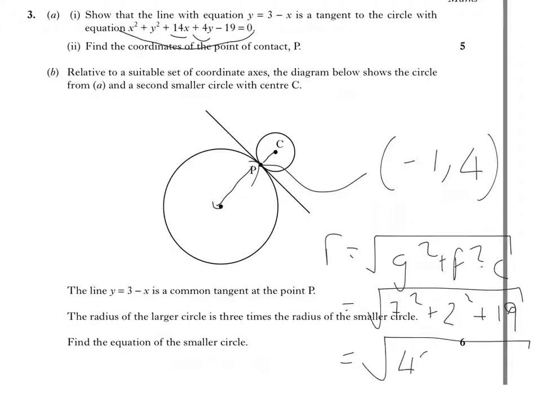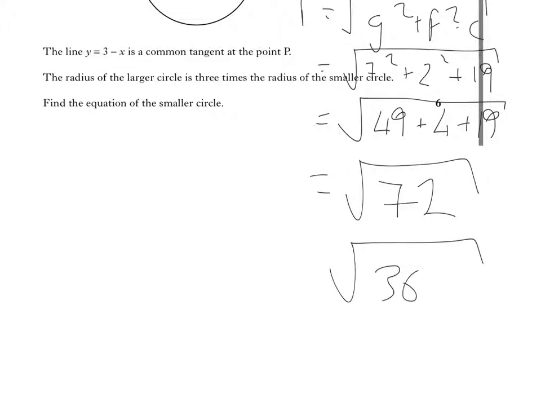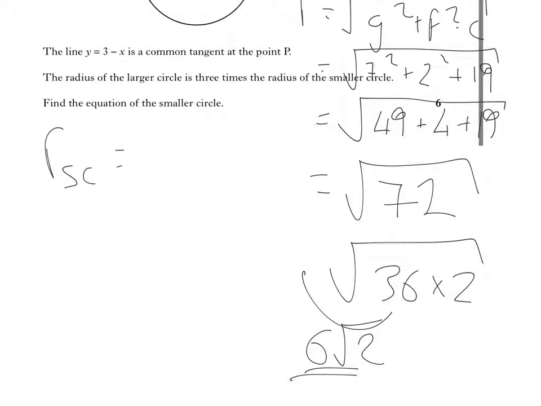That's square root of 49 plus 4 plus 19. That's root 72. So remember, for surds, you'd be expected to simplify that. So thinking about my square numbers, 36, and that's 6 root 2. So the radius of the bigger circle is 6 root 2. So I can say that the radius of the smaller circle then must be 2 root 2.